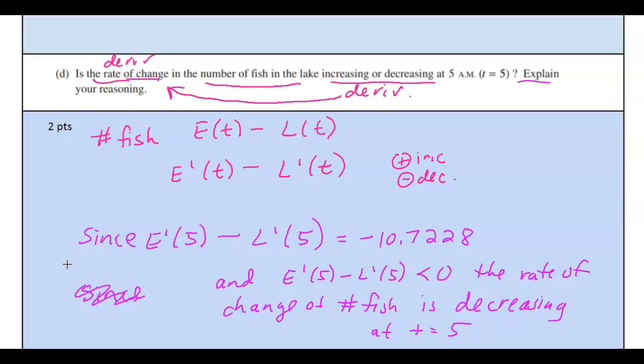Okay. So notice I have the time, I have what function, and I have the sign and the reason.